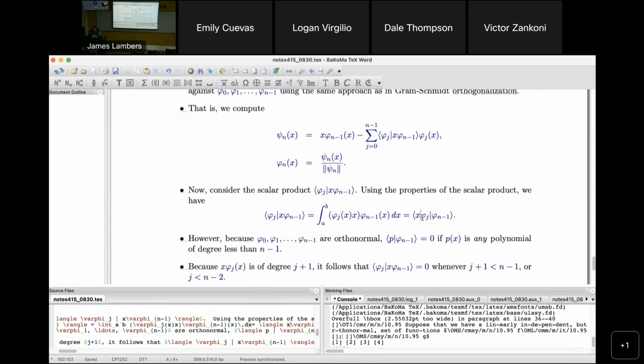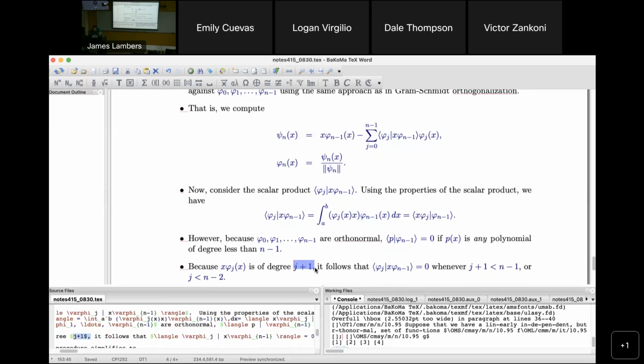Now, phi j is of degree j. So you multiply by x, it's of degree j plus 1. So this scalar product is going to be 0 if this part, x phi j, is of lesser degree than this part, phi n minus 1.